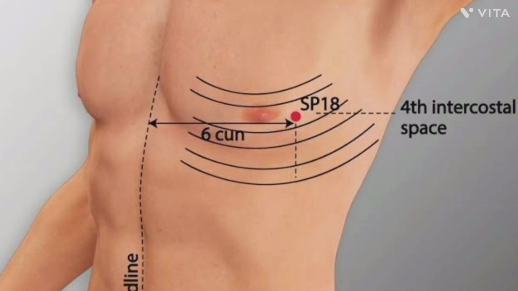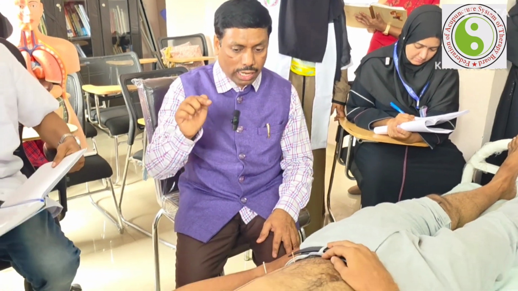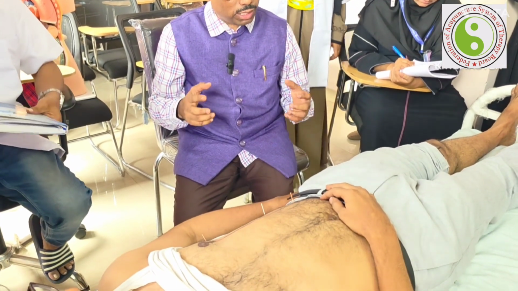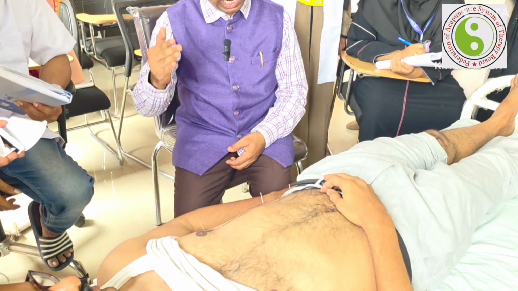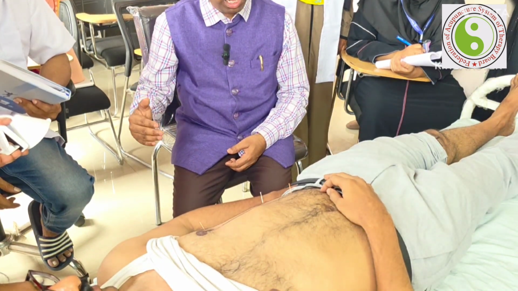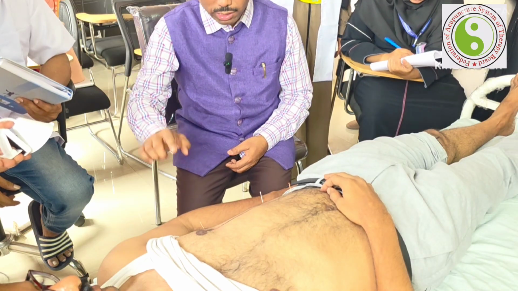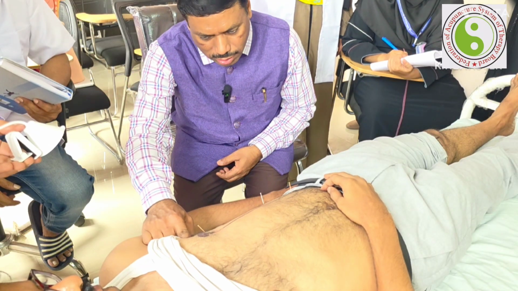Then the Spleen 18 point is located 2 chun lateral, called Tian Xi. Tian means heaven. So the Heaven Xi point is located 2 chun lateral to the center of the nipple on the fourth intercostal space. Where is this point located?